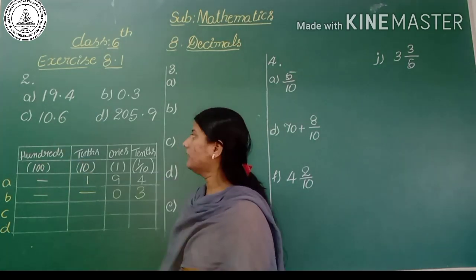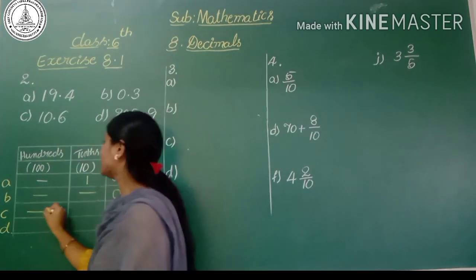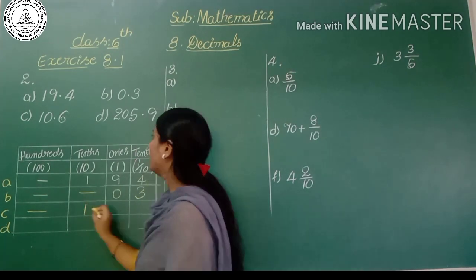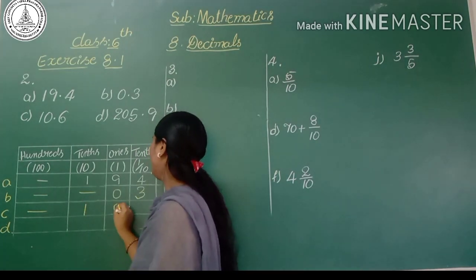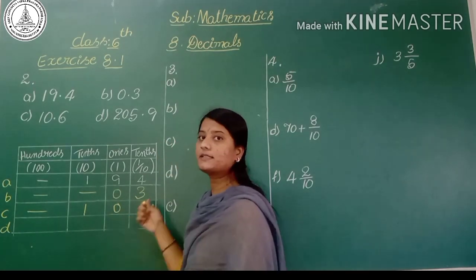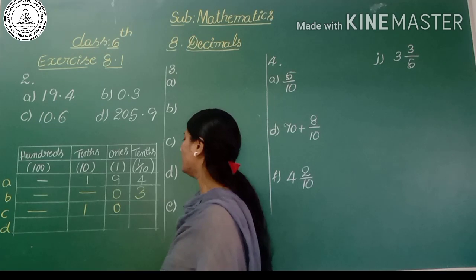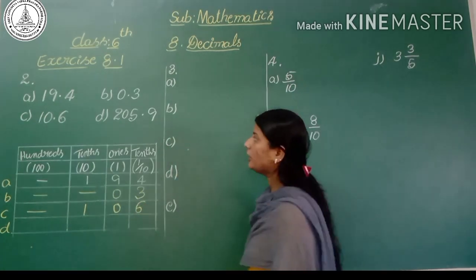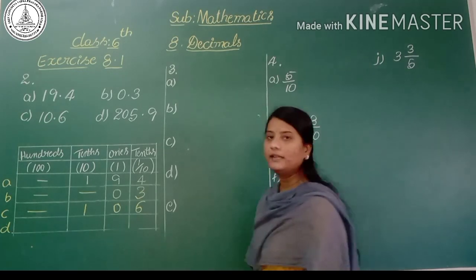Now fill here. In the hundreds place there is no number, keep the dash, and in the tens place 1, ones place 0, then after the decimal point the first place is the tenths place, that is the decimal part, it has 6. Then D question, 205.9.